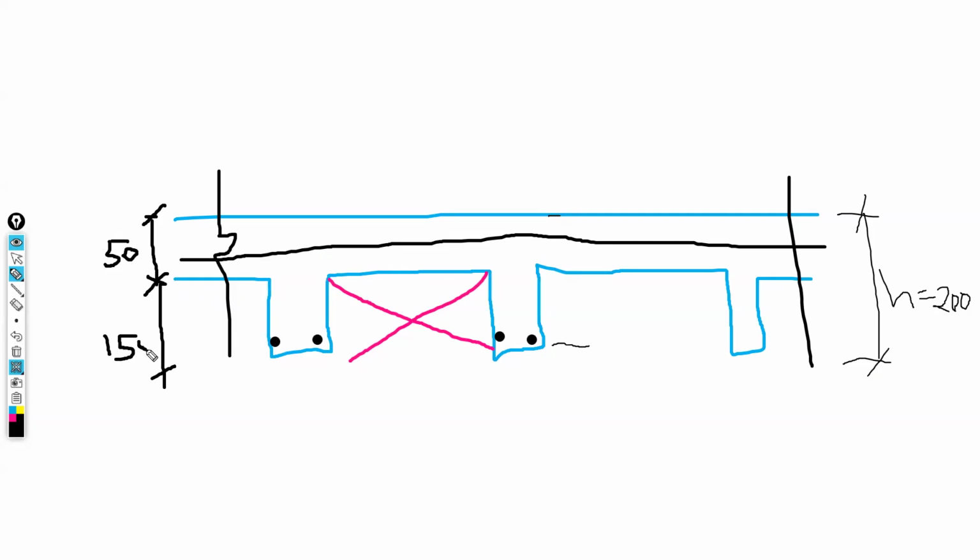So in your input, this is going to be the BW, the width of the rib. That width of the rib is taken to be 150 mm.